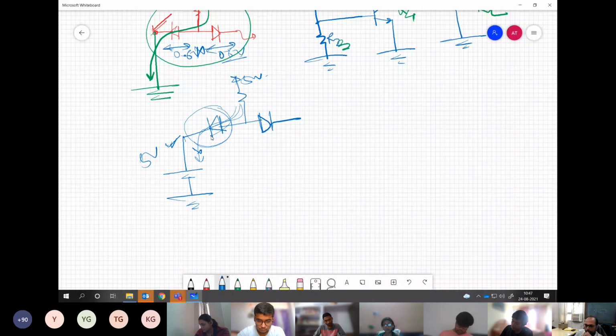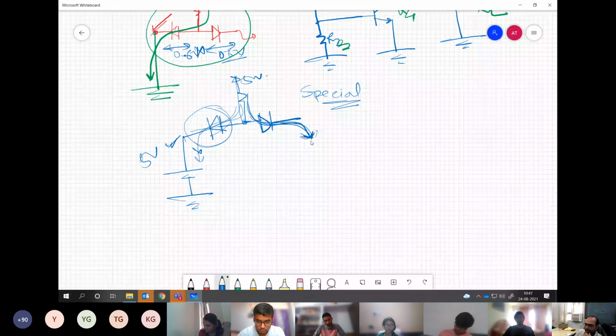Understanding my point? So what will happen? Some current would be flowing over here because then this junction, because this voltage is higher, is kind of forward biased. That's why this is some special design for the transistor where we have the possibility for base collector current to flow.